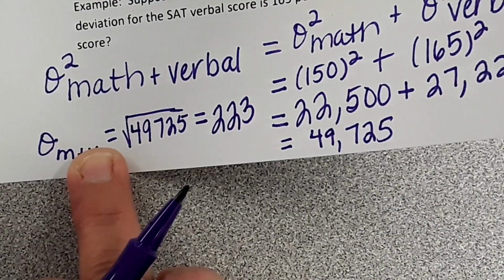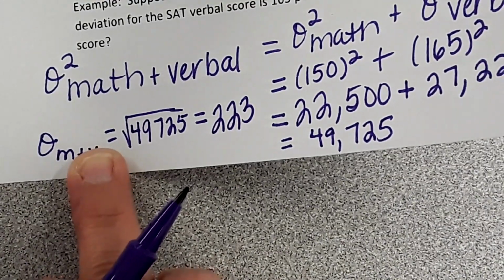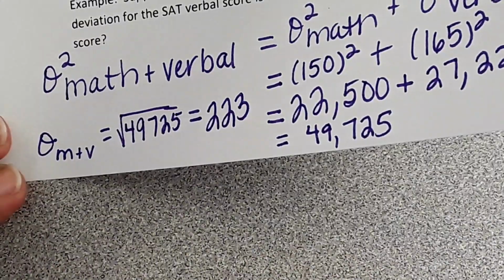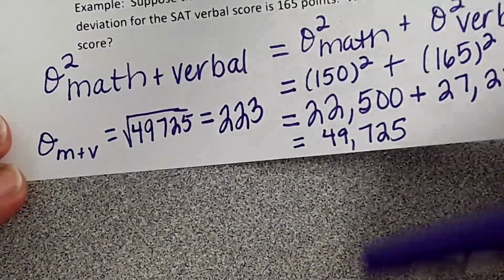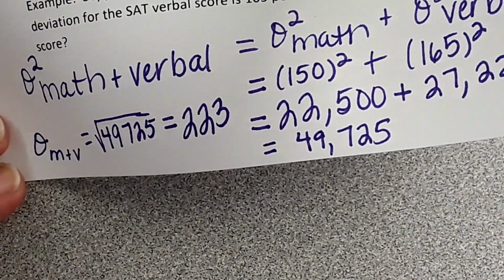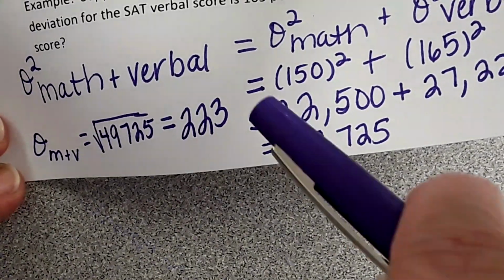I don't know why I rounded up, but I guess it was 222.99 because standard deviations and SATs are whole numbers. So there you go. That's your answer. So again, add variances to find standard deviation. So that's the end of that.